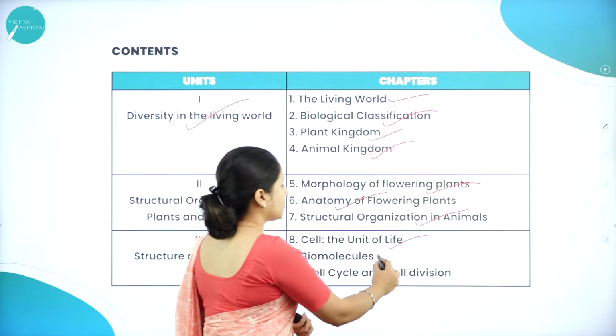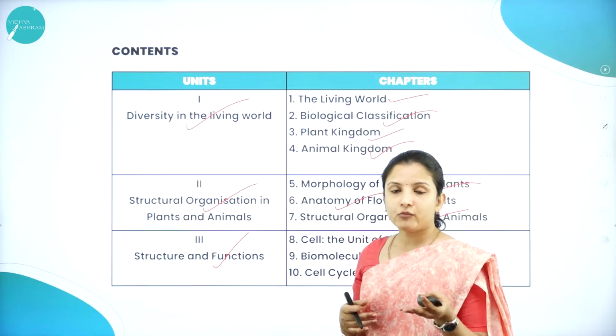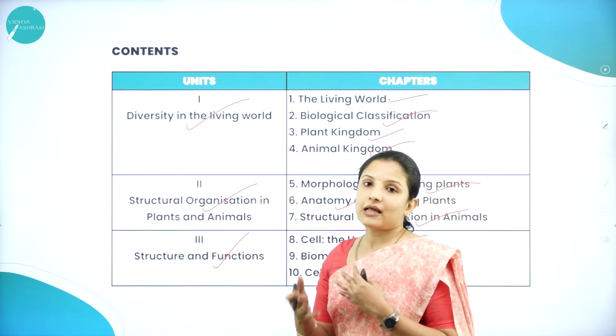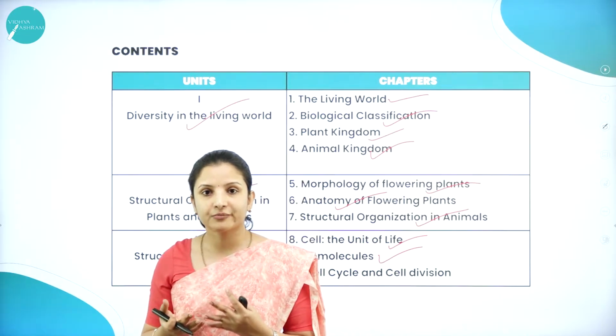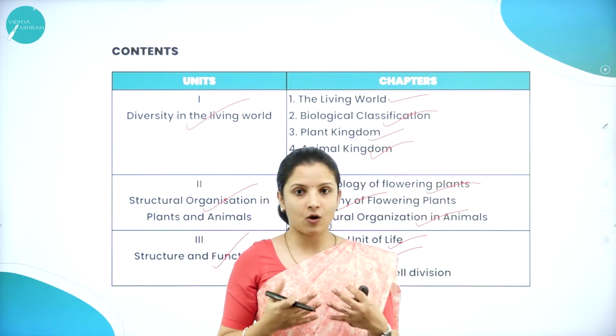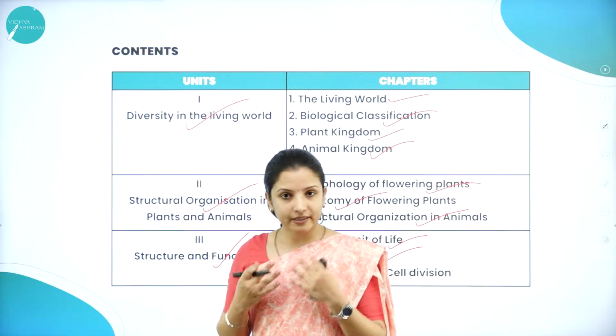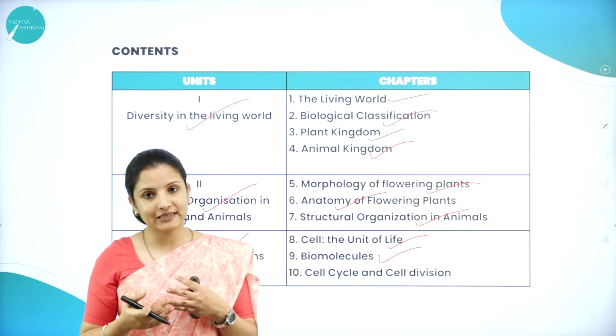Then you will study about the various biomolecules that are present in the plants. These biomolecules help the plants in many ways. Not just that, even the biomolecules such as the secondary metabolites, the terpenoids, the flavonoids, the phenols, all these compounds are used not only by the plants but also by human beings to produce various medicines and all that.